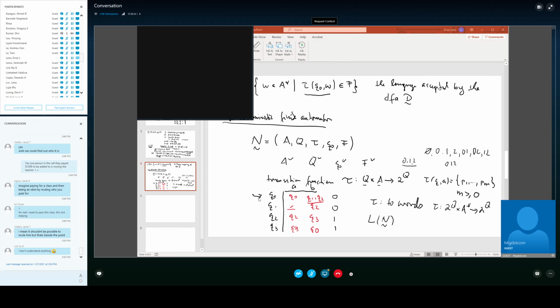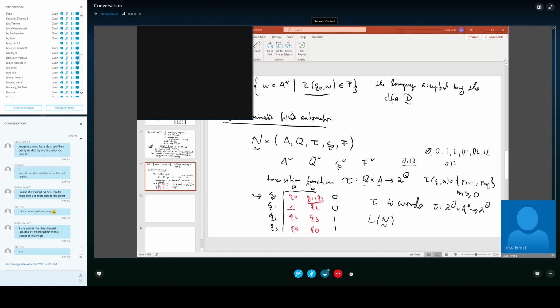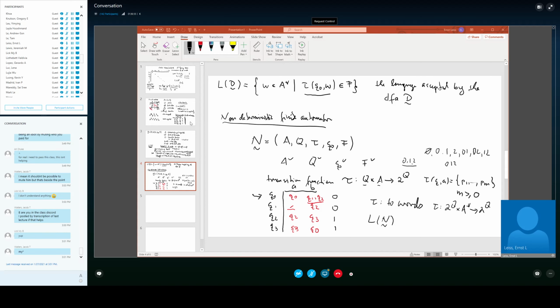I actually do not understand why a deterministic automaton and a non-deterministic automaton can be treated as the same. Look, if you look at the definition, it says you take a state and a letter and you get a set of states. Now, if this set happens to always have one element, don't you have precisely a deterministic finite automaton?